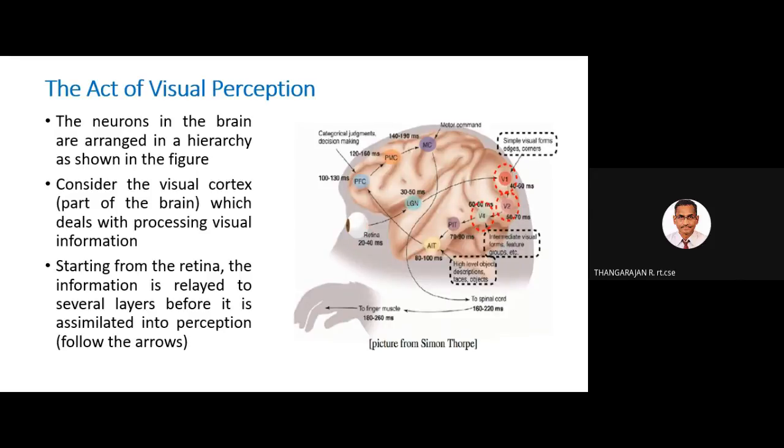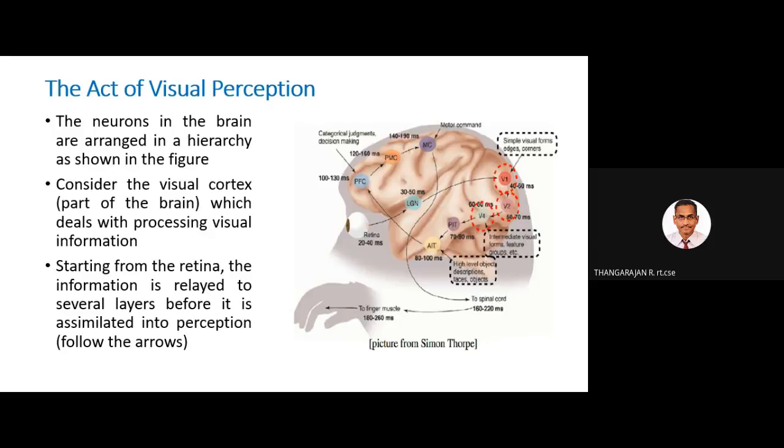So here what happens is the images detected by the eyes are assimilated in the brain. Yesterday I told you about the cat, where we saw how the brain cells of the cat react to different orientations of a line.